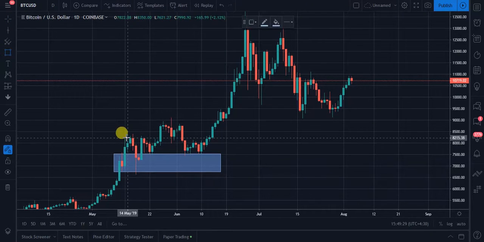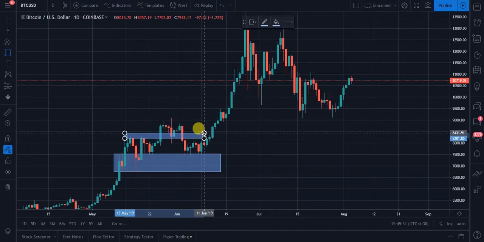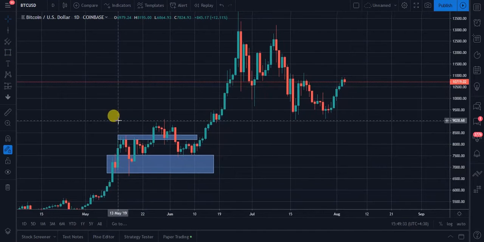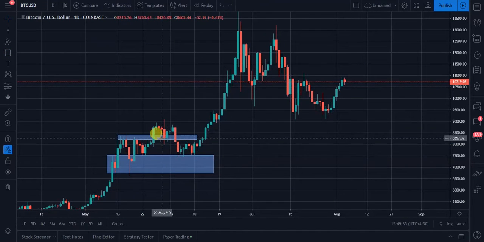Also we have a resistance here, and here's a little tiny rejection, but that action tells us that resistance is useful in the future.